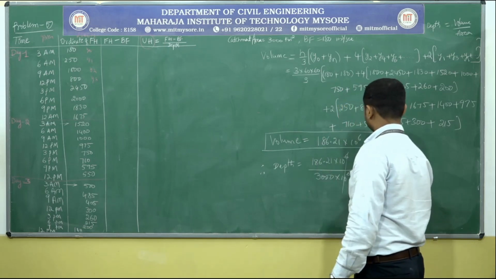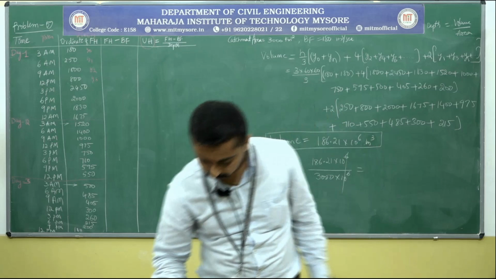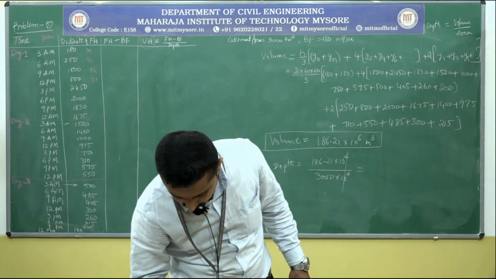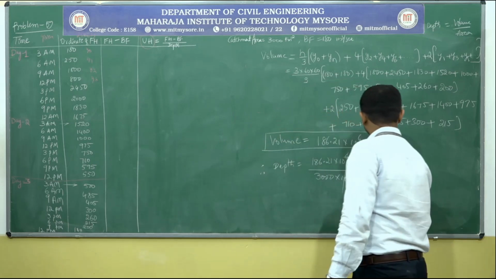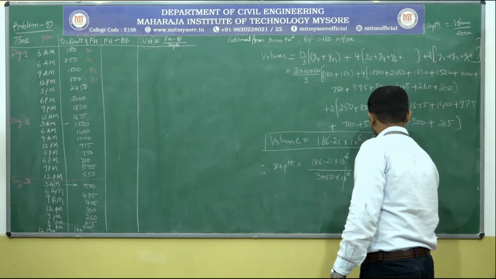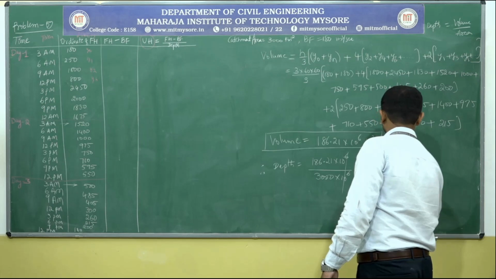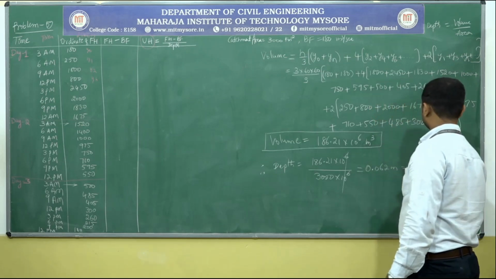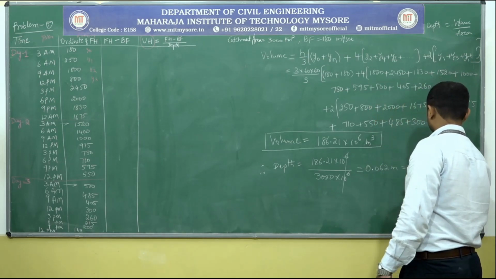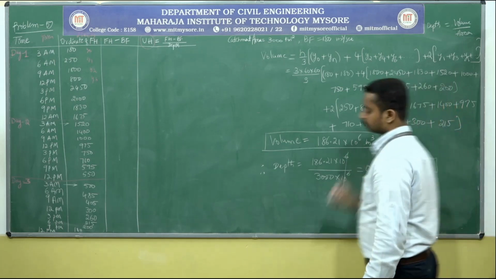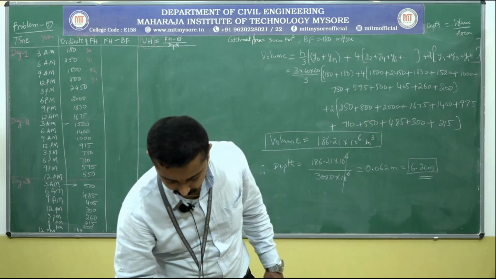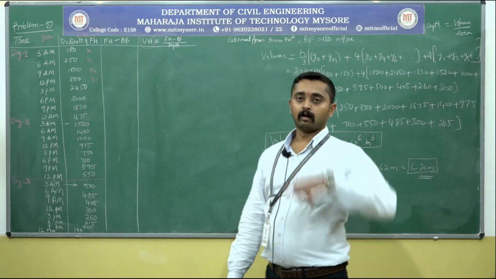The 10 power 6 cancel. 186 by 3000 gives 0.062 meter, which is 6.2 centimeter. Done.